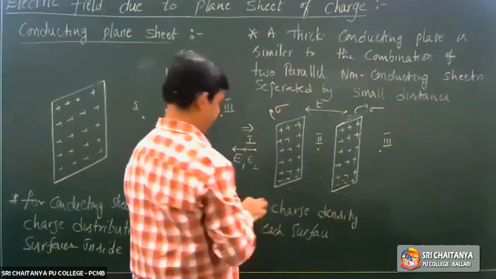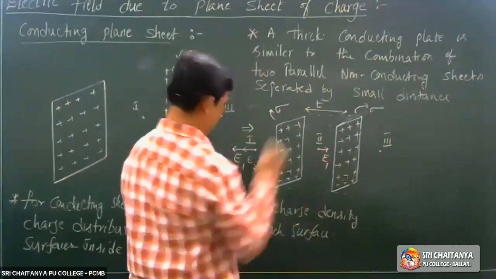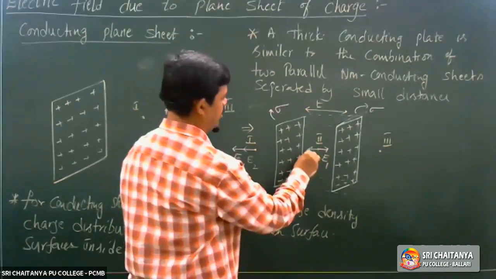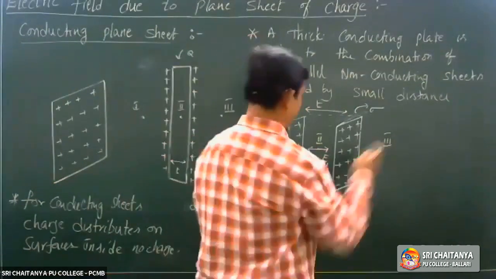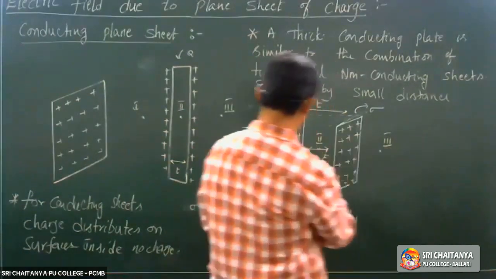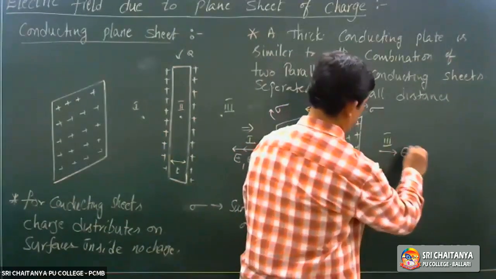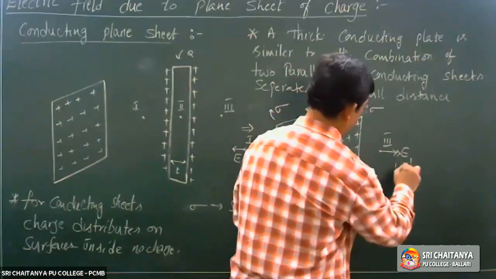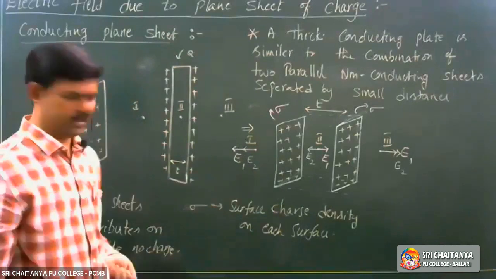Here, E1 in this direction, E2 due to this in this direction. Here, due to this E1, due to this E2. Already we solved this.